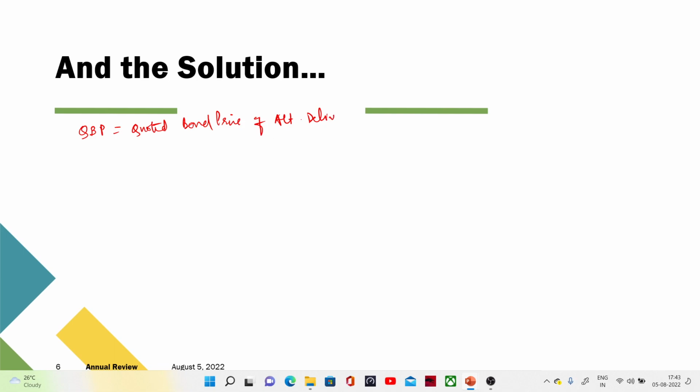So this is one. Second terminology is conversion factor. What is the conversion factor? Conversion factor happens to be the ratio of the alternate futures price after all adjustment divided by the quoted futures contract.